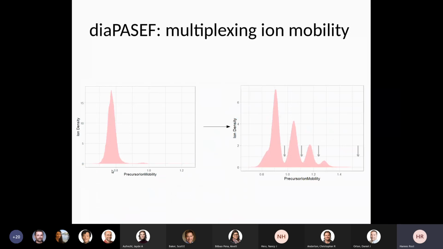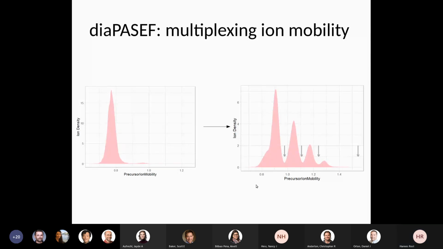Finally, we would switch the quadrupole again to capture these ions down here. To show this in a histogram, if we look at the ion density as a function of 1/K0, and plot a quadrupole that is set to one DIA window over the full ion mobility range, we get a histogram like this, where all of our ions appear here in the beginning, and then a lot of time is wasted where we don't perform any measurements.